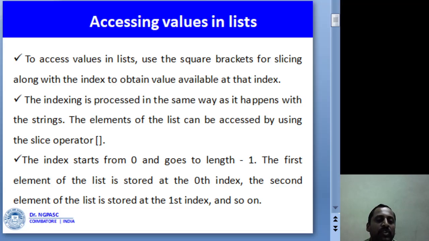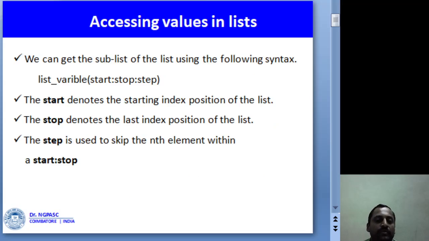The elements of the list can be accessed using the slice operator. The index starts from 0 and goes to length minus 1. The first element of the list is stored at the 0th position, the second element at the first position, and so on.